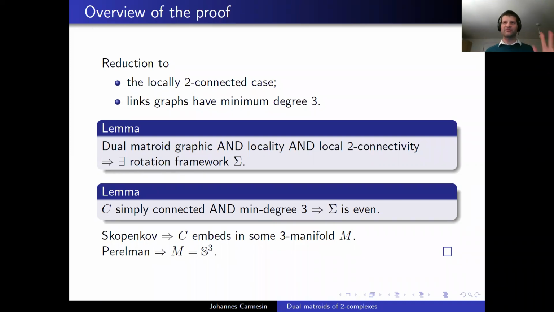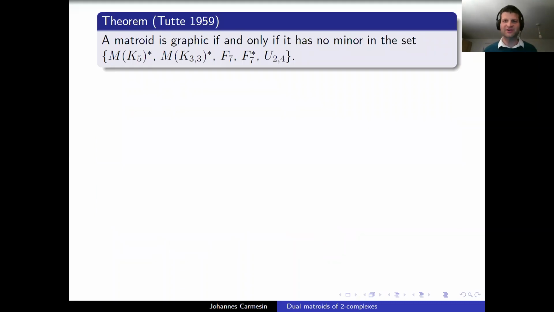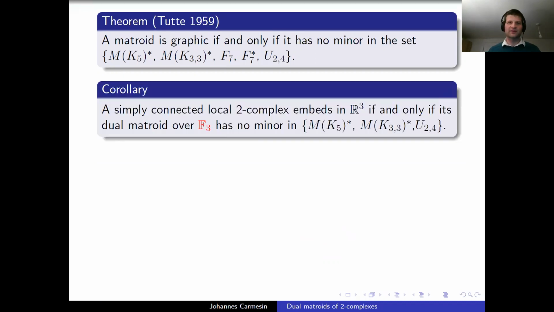Okay, so now we have the overview, so let's relax a bit and enjoy a few corollaries. There's this theorem of Tutte, which says that a matroid is graphic if and only if it doesn't have one of 5 excluded minors. And now we could feed that into our theorem and see what we're going to get. First, if you work with F3 representability, then it's very nice because you just get 3 excluded minors.